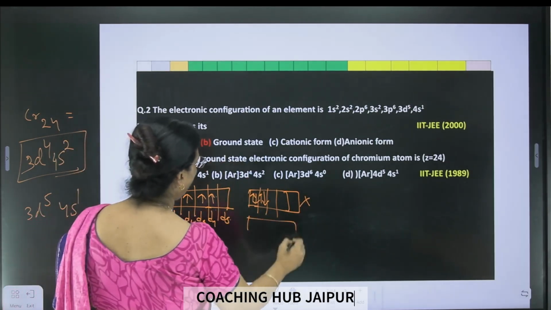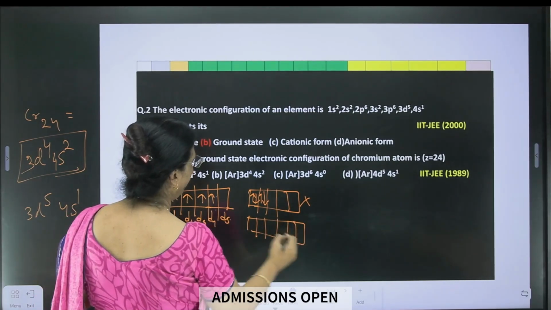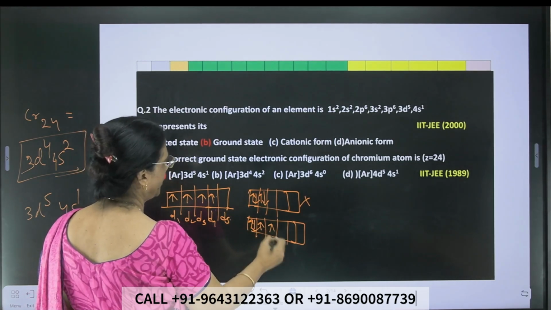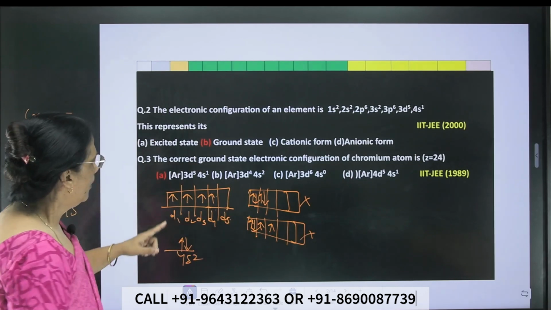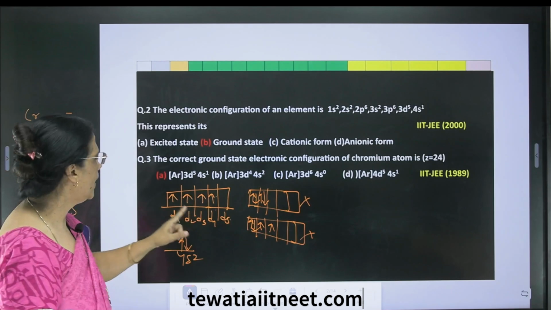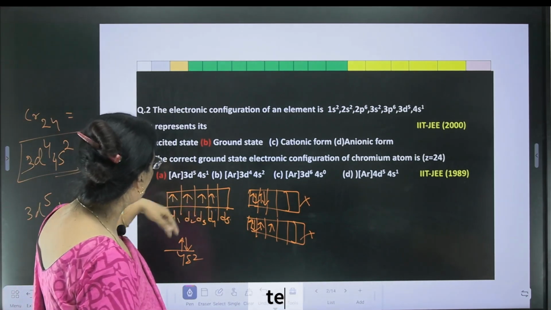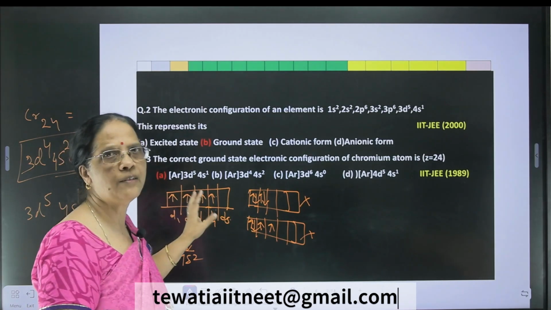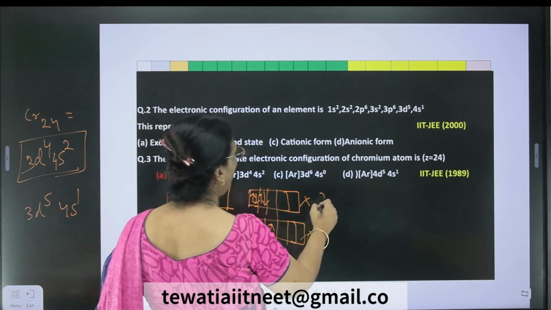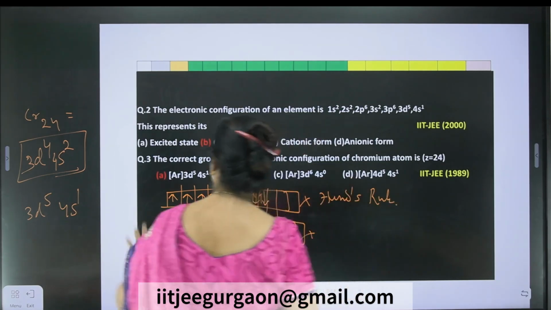Similarly, in the other configuration 1, 2, 3, 4, this is also wrong, because maximum multiplicity is always acceptable. So electrons are arranged so that there is the maximum number of multiplicity. This is called Hund's rule of maximum multiplicity.